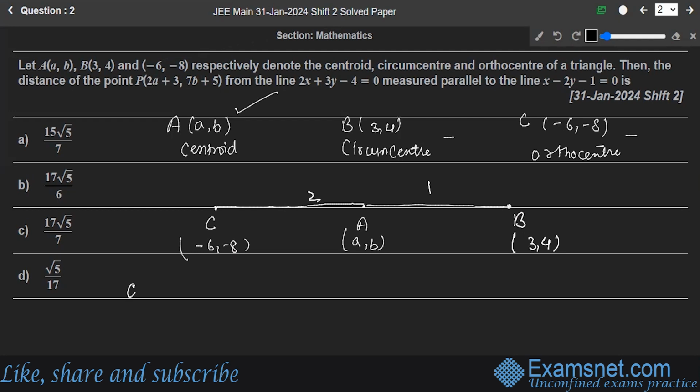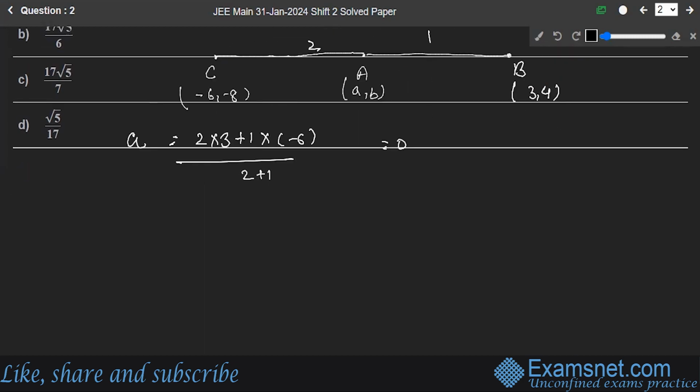So let's find out the coordinates of A. This will be given by 2 into 3 plus 1 into minus 6 divided by 2 plus 1, that is equal to 0. Similarly, the B point will be given by 2 into 4 plus 1 into minus 8 divided by 2 plus 1, again equal to 0.